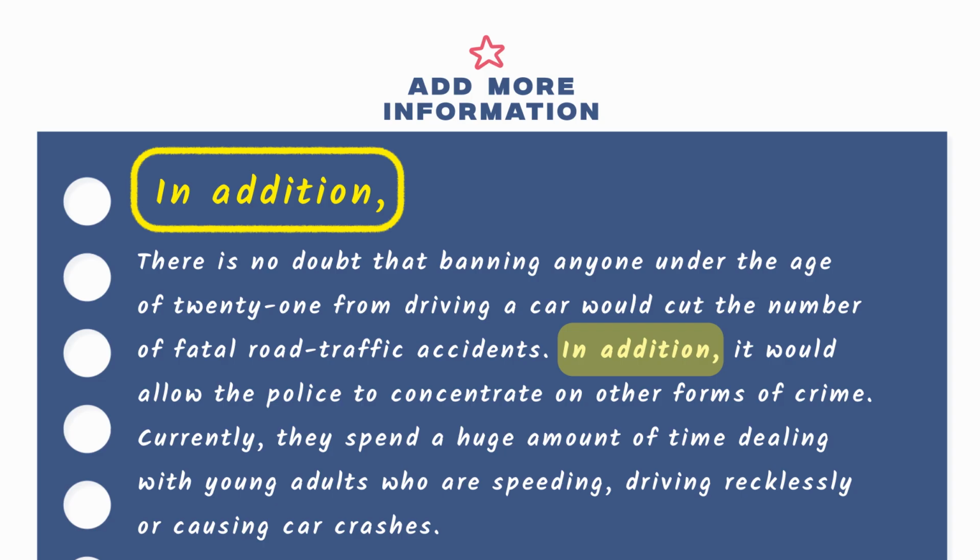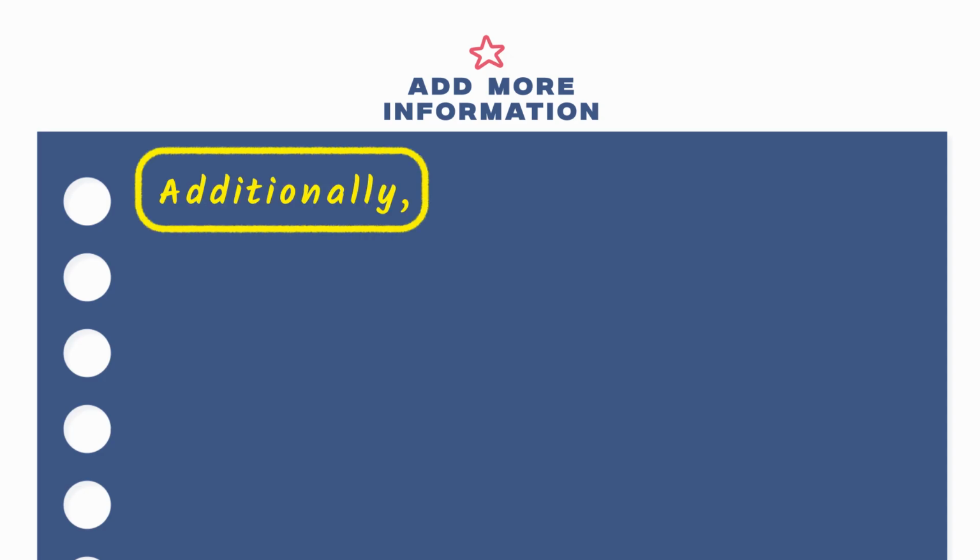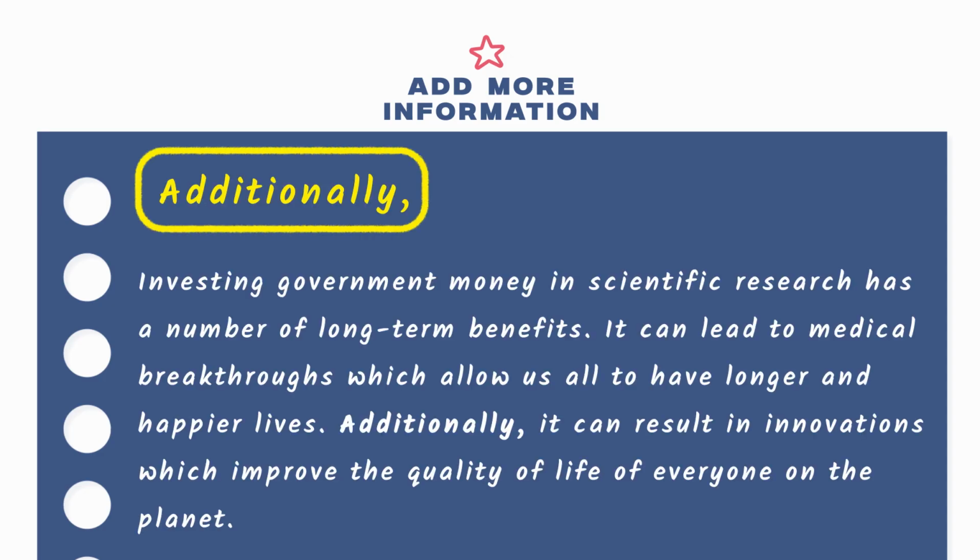Another linking word that has the same meaning is additionally. Additionally. So let's see how we can use it in a sentence. Investing government money in scientific research has a number of long-term benefits. It can lead to medical breakthroughs, which allow us all to have longer and happier lives. So this was the first benefit.